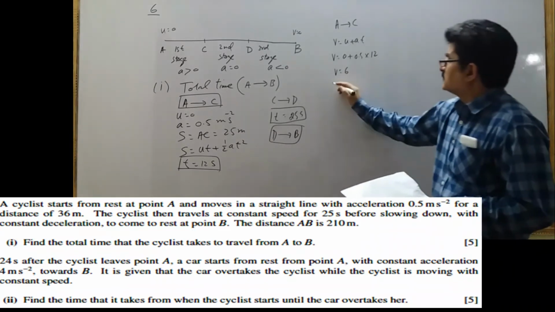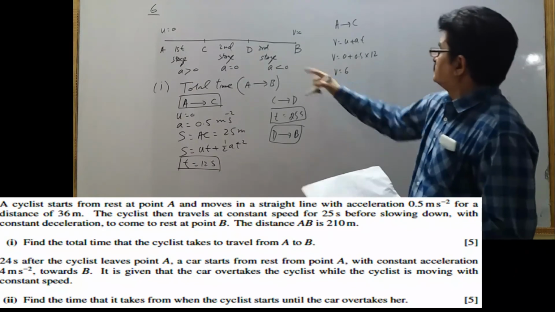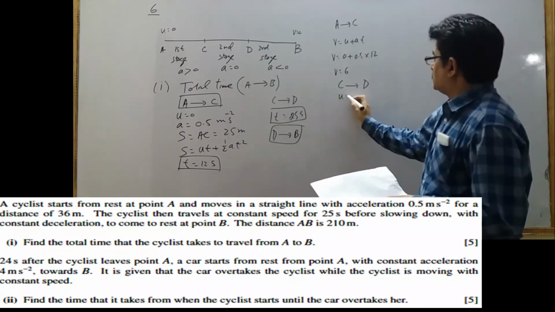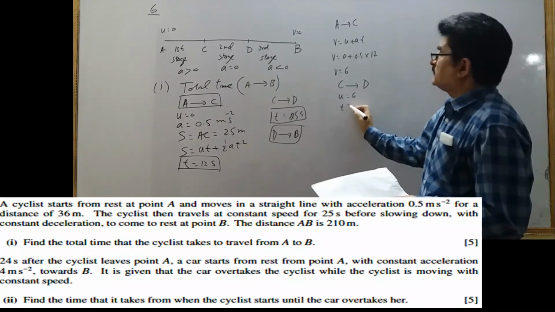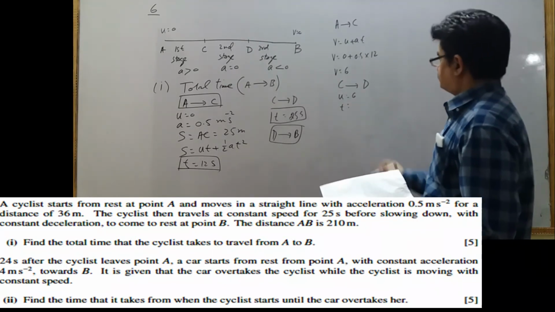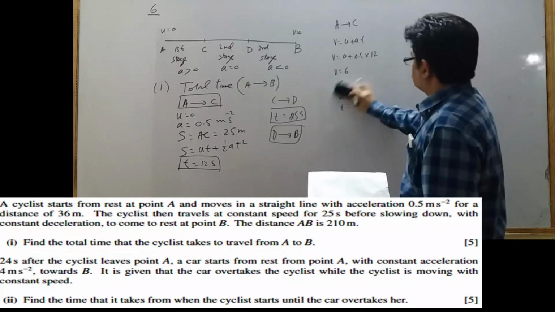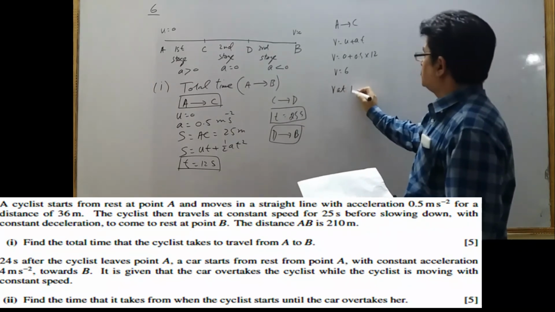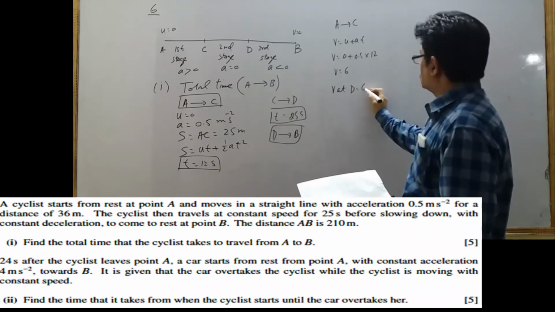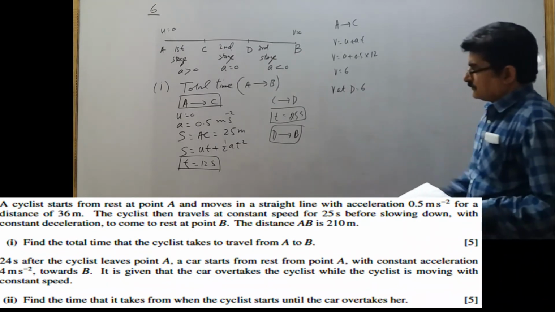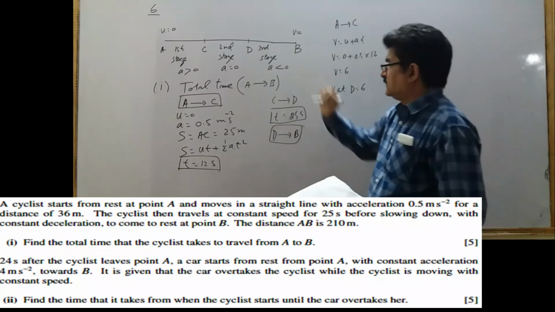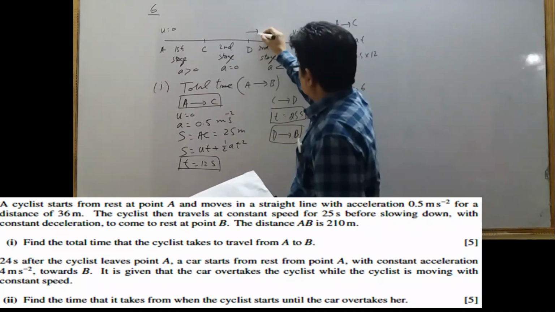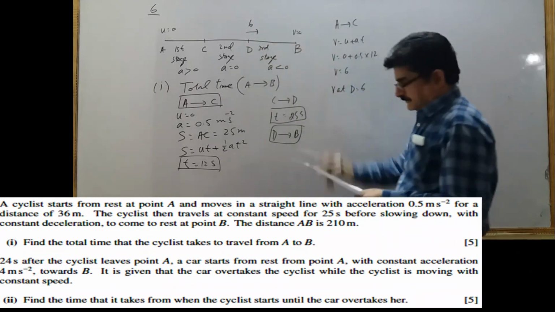It means that for C to D we have velocity 6, so velocity at D will also be 6. So for this motion from D to B, the initial velocity will be 6, and we also have the final velocity.